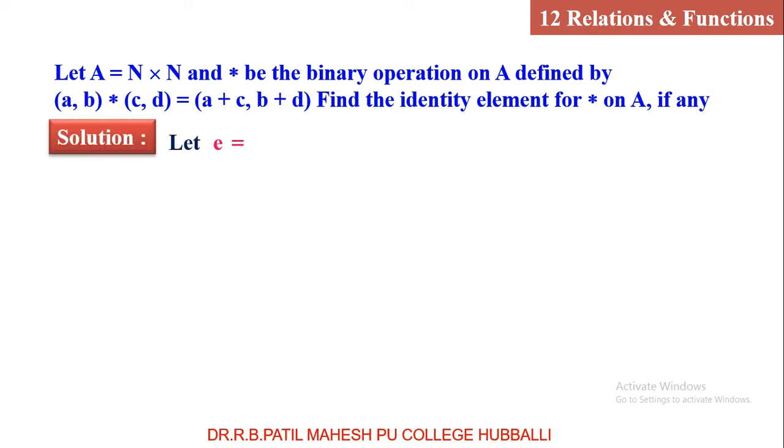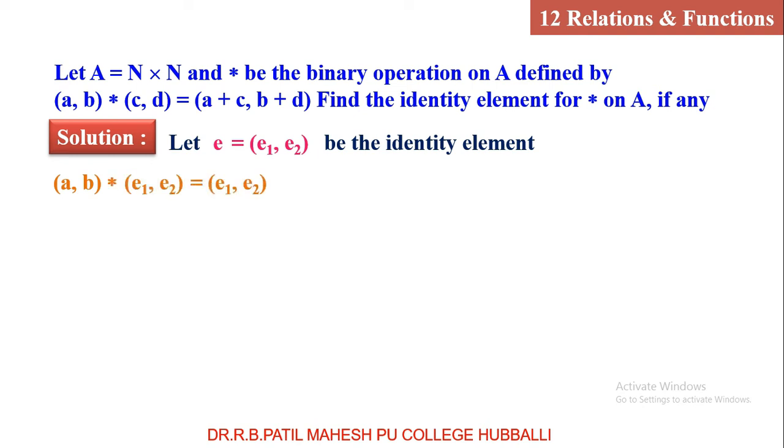Here ordered pairs are the elements, students. Try to understand. Here ordered pairs are the elements. So I will take E equal to an ordered pair (e1, e2) be the identity element. According to the definition of identity element, I'll apply this here. (a, b) star (e1, e2) equal to (a, b) itself, or (e1, e2) star (a, b) is equal to (a, b) itself.